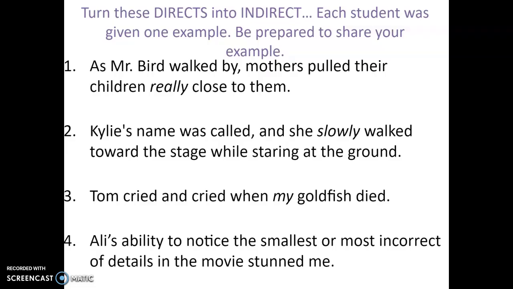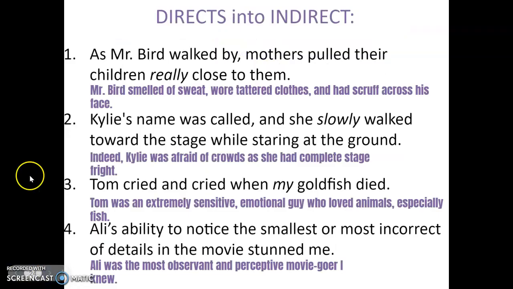And I want you to use the STEELE method of characterization to add 2 or 3 sentences to this example, and turn it into indirect characterization. So instead of just telling us that the character was really close to them, or that the character was the smallest of them all, whatever, I want you to show me using indirect characterization.